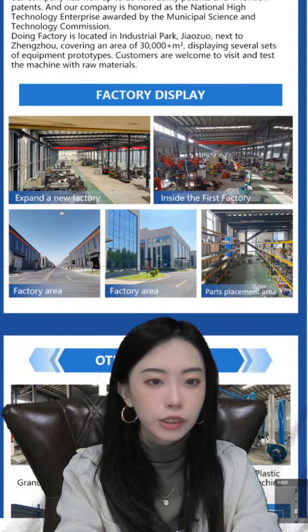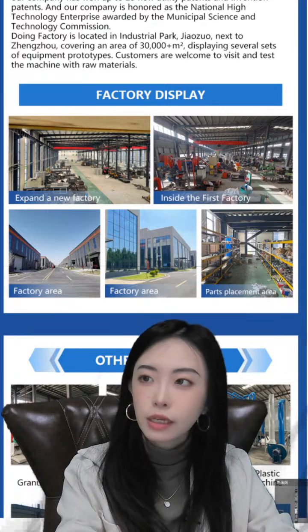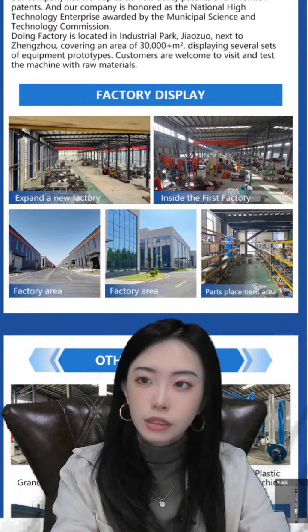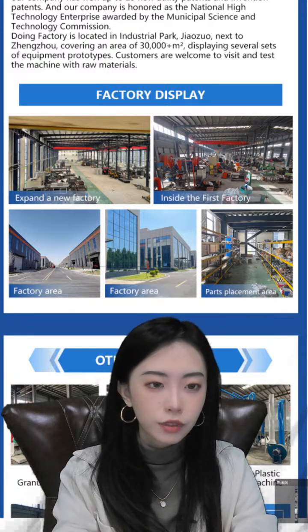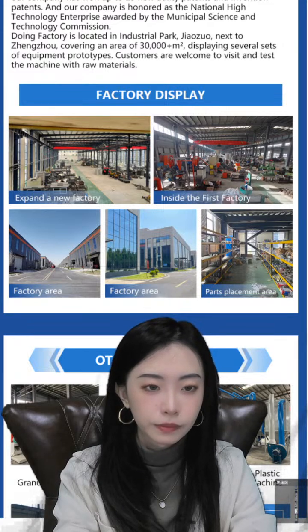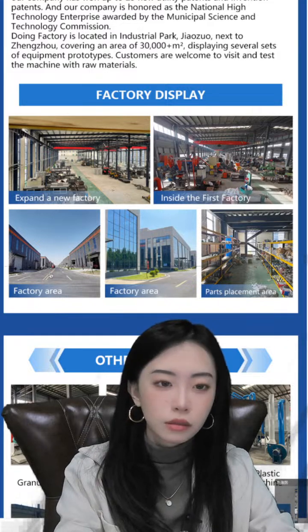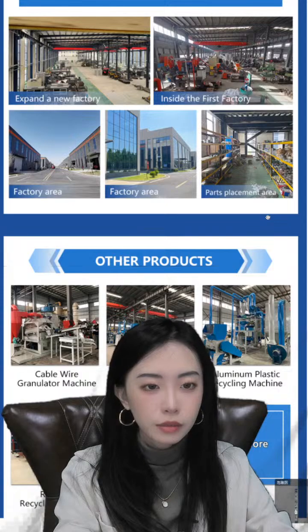These are the factory displays. Now we have expanded a new factory for the other small devices. The first factory inside is for the carbonization furnace, the main step of this whole line. This is the part placement area.